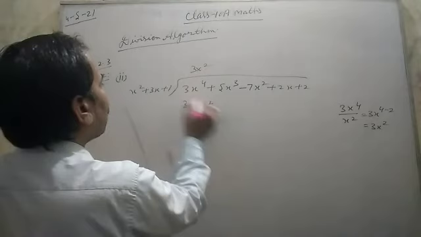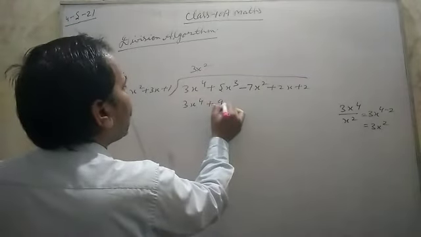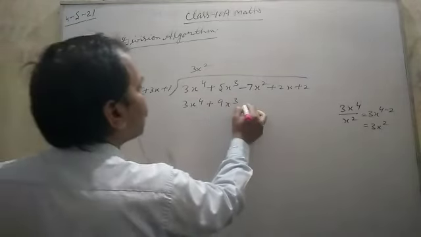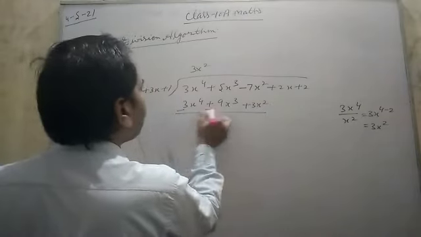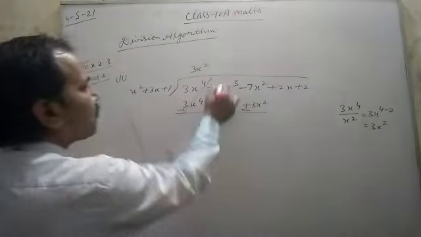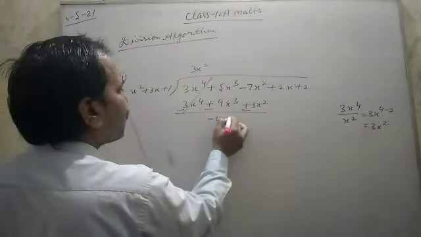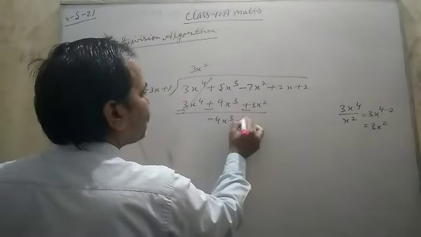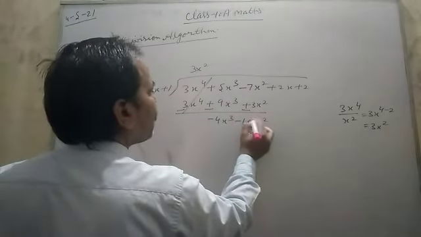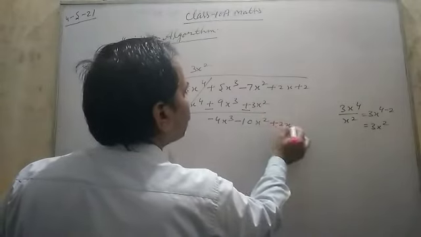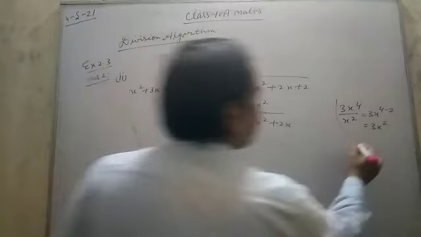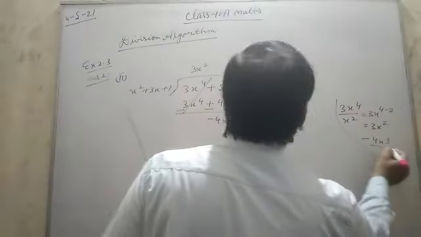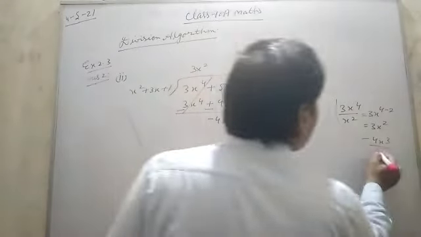So multiply in all terms of the divisor. So 3x power 4 plus 9x cube plus 3x square. Okay. So 5 minus 9 is minus 4, minus 7 minus 3 is minus 10, plus 2x. Okay. So minus 4x cube, then divide by x square.